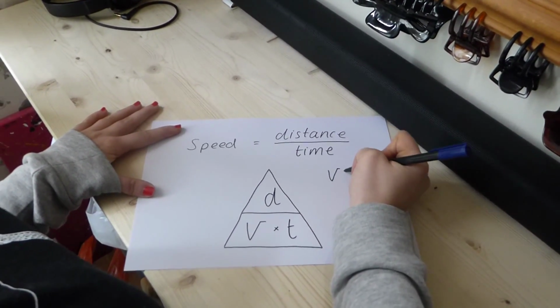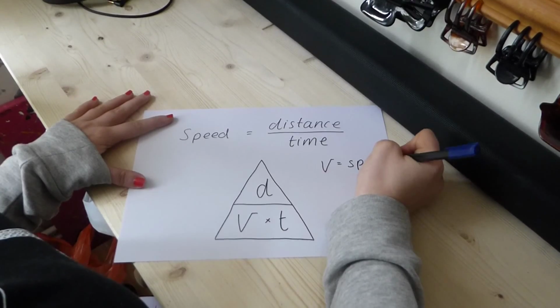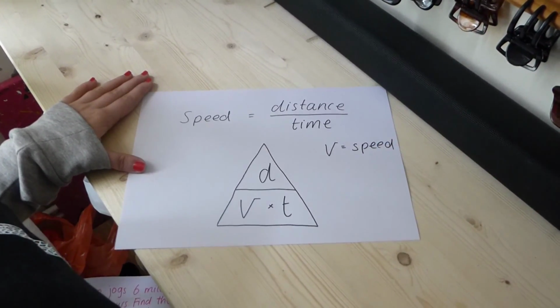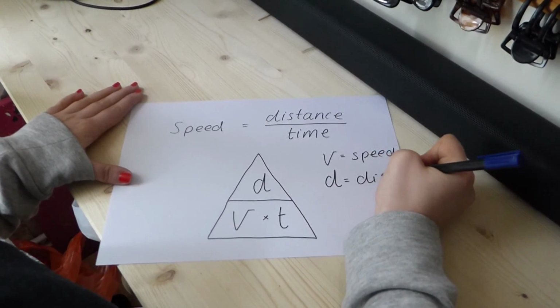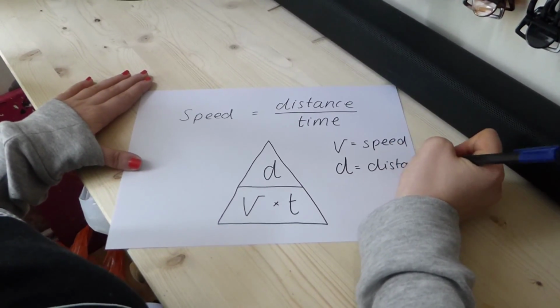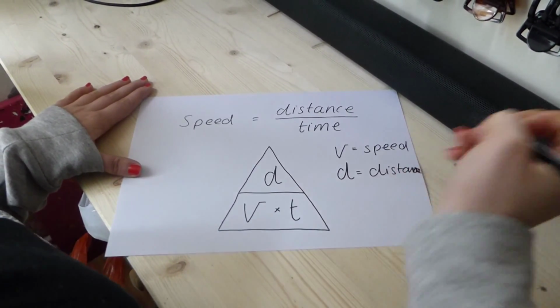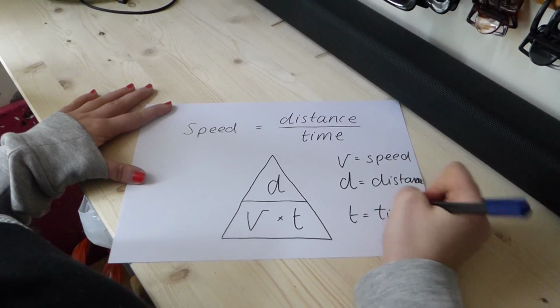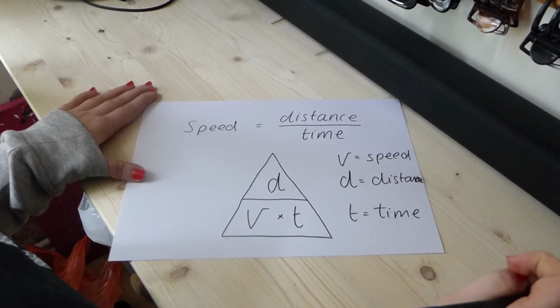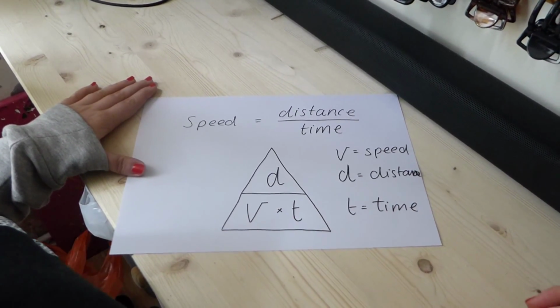Now the V stands for speed, that represents the speed an object moves at. The D represents the distance the object moves, and then the T represents the time it takes to travel that distance, and this will help you fill in the variables underneath the triangle.